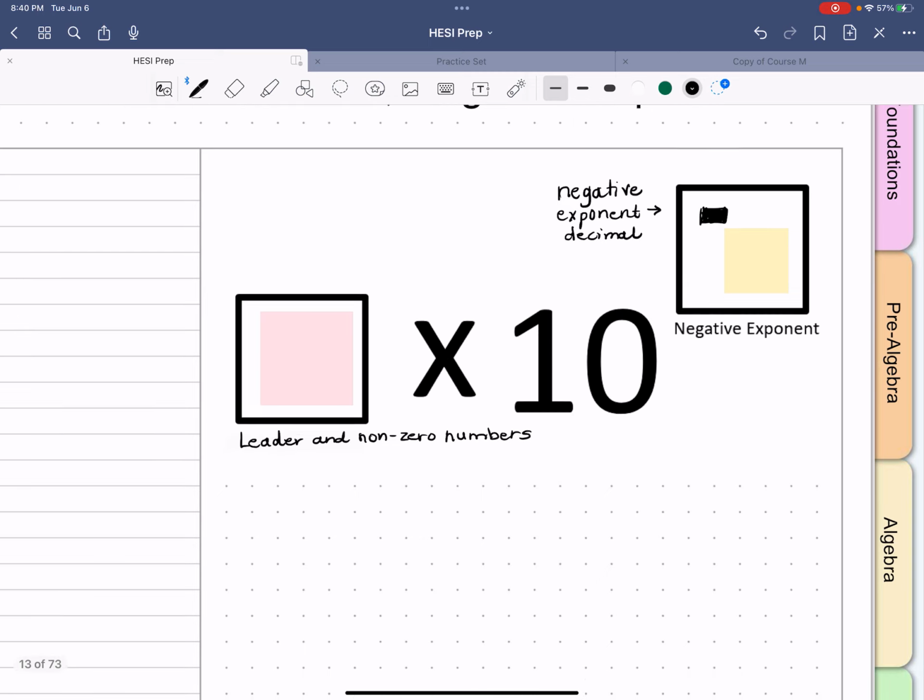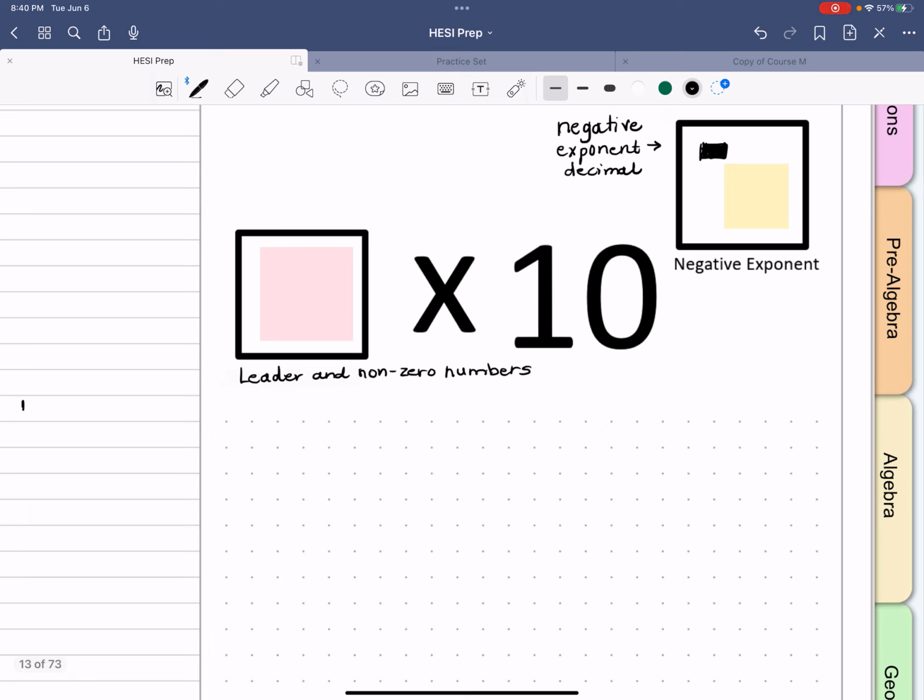The example I used was write 6 times 10 to the minus 5 in standard form. And I walked you through that complicated example. It looks scary, but let me show you. I want to talk you through it. So here's the problem that we're trying to solve.